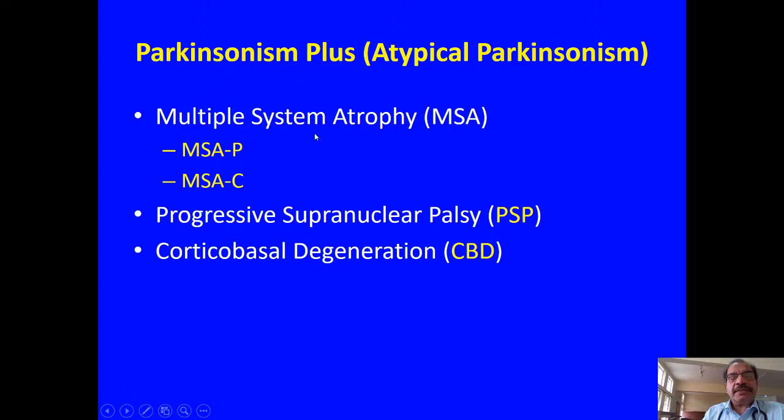One is multi-system atrophy, one is progressive supranuclear palsy, other is cortico-basal degeneration. And again, multi-system atrophy is divided into two parts, MSA-P and MSA-C. P stands for Parkinsonism, C stands for cerebellar, which means a patient who has a multi-system atrophy clinical picture, but Parkinsonism features are predominant. And MSA-C means a patient who has a multiple system atrophy clinical picture, but cerebellar dysfunction is predominant. So I'll come to that one by one.